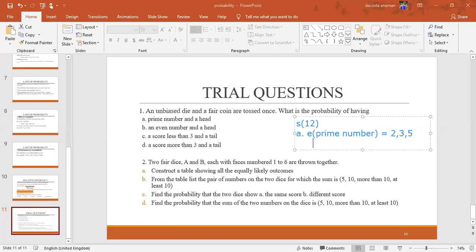Then the event of having a head is equal to a head.